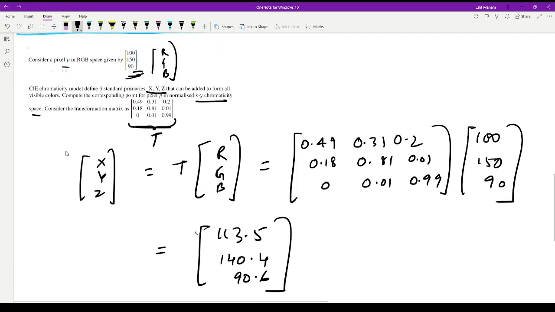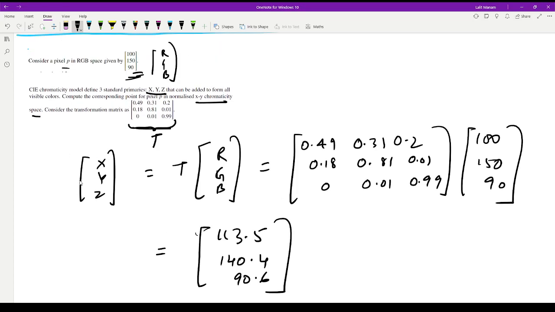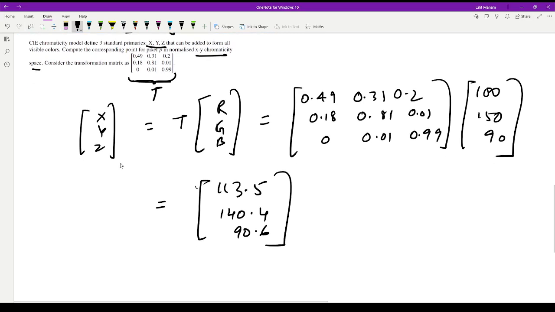Okay, so we now got the X, Y, Z values. What do we need to find? The x, y chromaticity in the small x, y chromaticity space. What is that small x, y chromaticity space? Do you remember something?